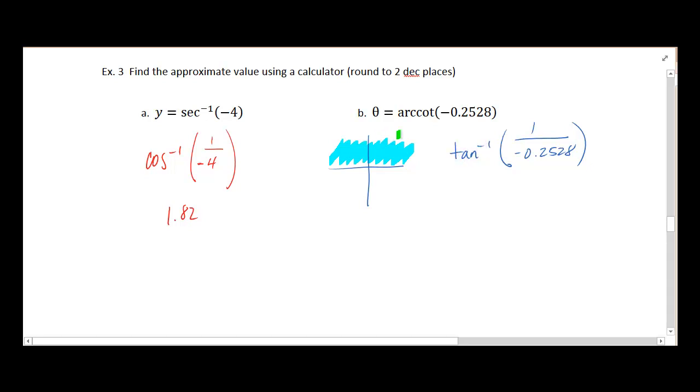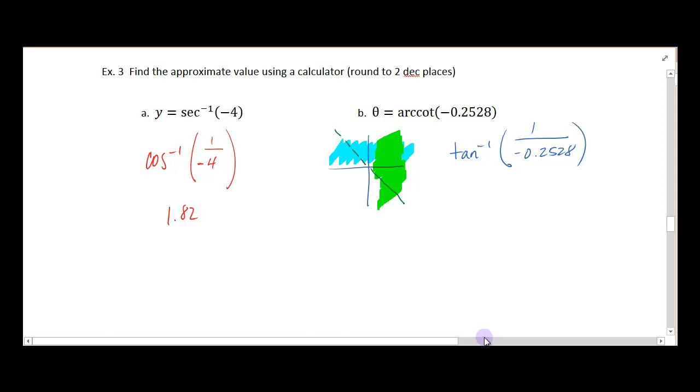Inverse tangent lives over here in quadrants 1 and 4. So when I take the inverse tangent on my calculator, it's going to return an answer for me somewhere over here. And since it's negative, it's actually going to return an angle that is down here, when I need the inverse cotangent of a negative angle, which is technically up here. So we need to take that into account for just a second.